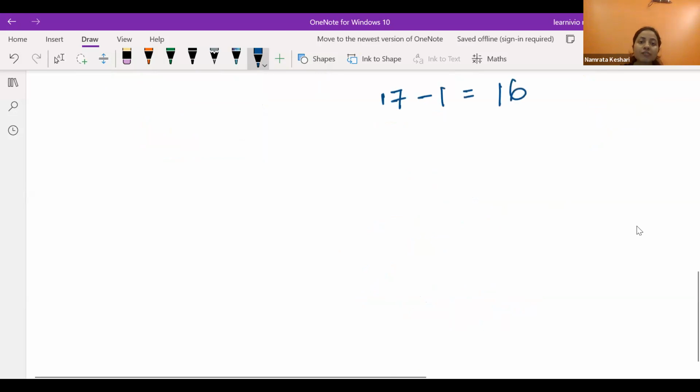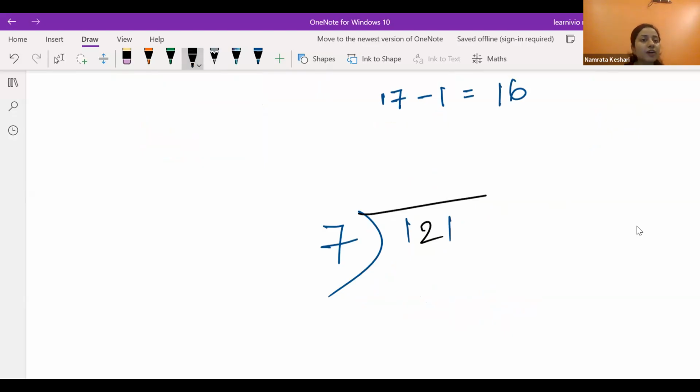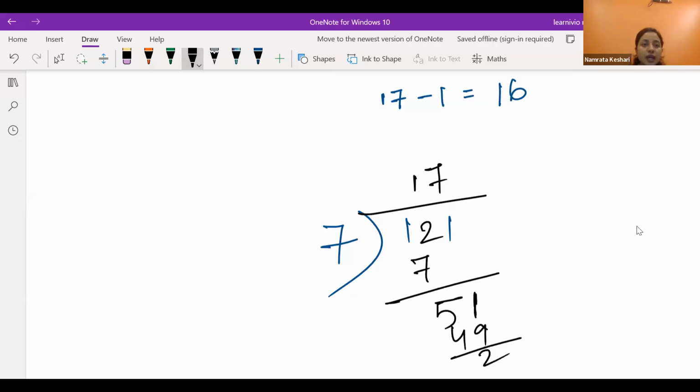If I give you another example, suppose you have 121 and you are dividing by 7. First you do 7 times 1 is 7, 5 is the remainder. Now 1 you will copy. 7 times 7 is 49, and 2 is the remainder. So we can say that in this dividend, 2 extra we have.